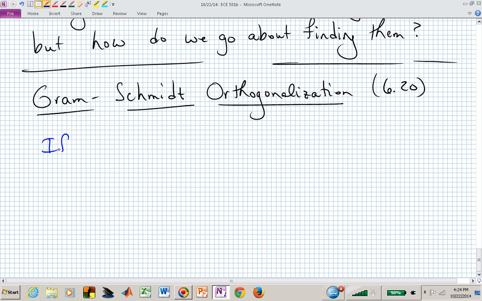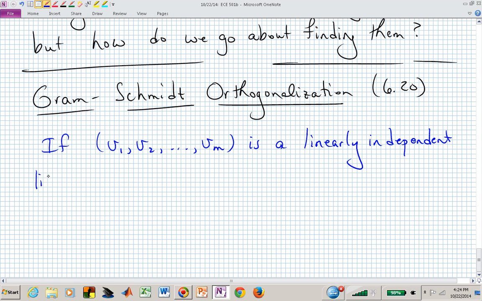Suppose now that v sub 1, v sub 2, up to v sub m is a linearly independent list of vectors in our vector space capital V. Little v sub 1 through little v sub m haven't been normalized.